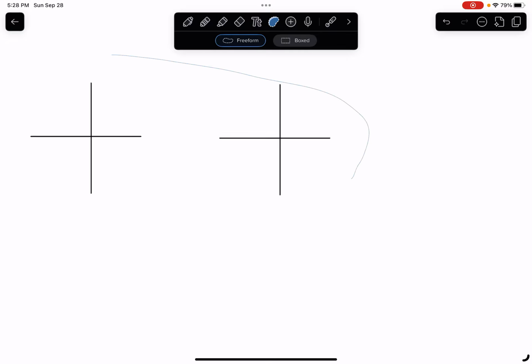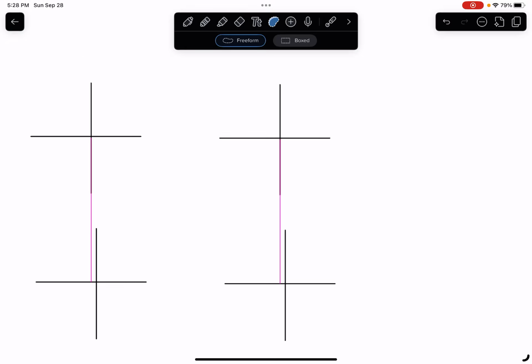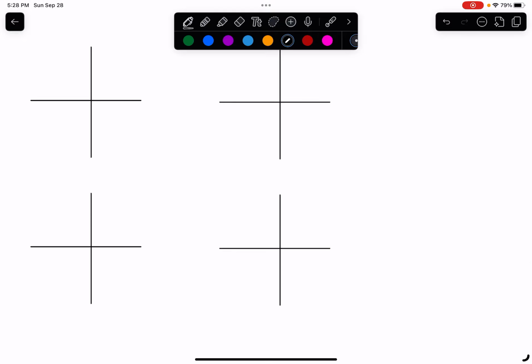Sorry, let me get this organized. All right, so here are four polynomials. Let's say one of them looks like this. One of them looks like this. One of them looks like this. And one of them looks like this.